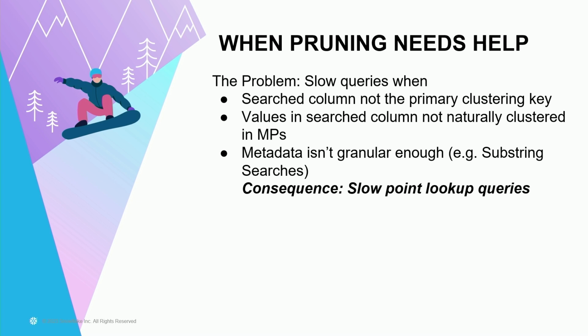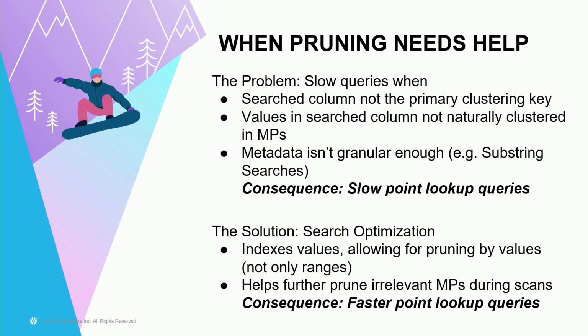By point lookup queries, to clarify, I mean the needle in a haystack queries, where you're finding a few rows amongst all your data. To help with this problem, we came up with search optimization. What we essentially do here is, along with the statistics that are already collected, we build a data structure that contains more information about the values themselves seen in the data, which are used to further prune out micropartitions.